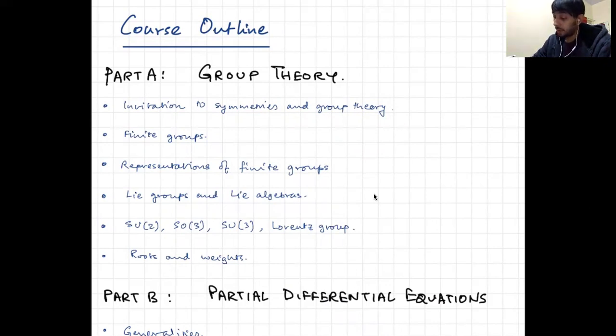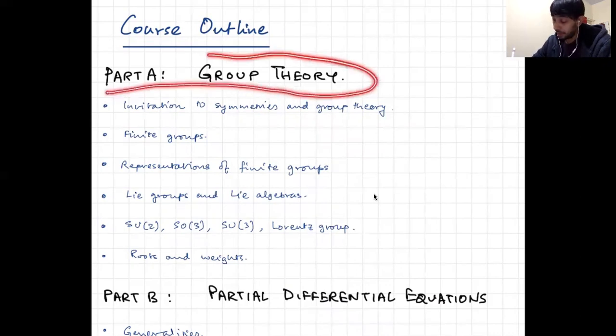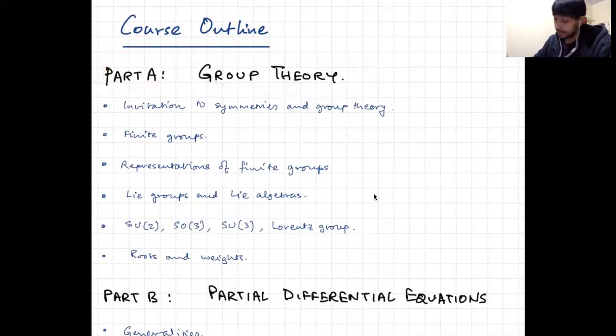So part A of the course will be group theory, the first half of the course until the midsem examinations, and possibly a little more as well. I've not decided on that, but the idea is at least half of the course would be group theory.